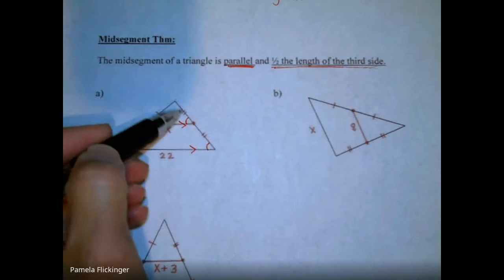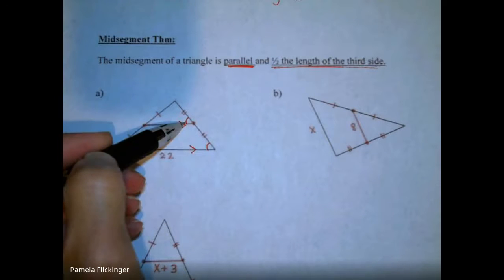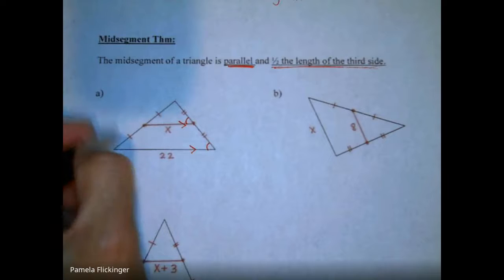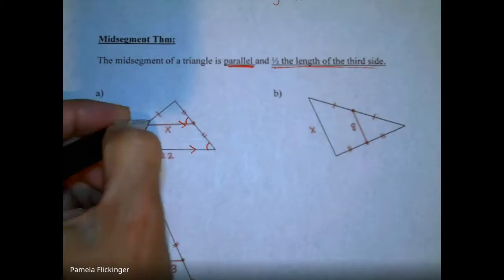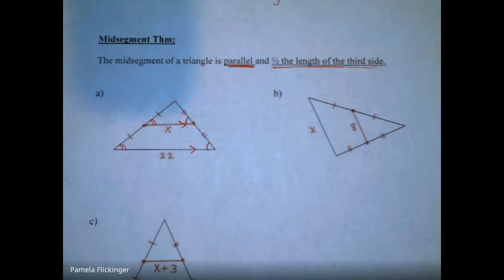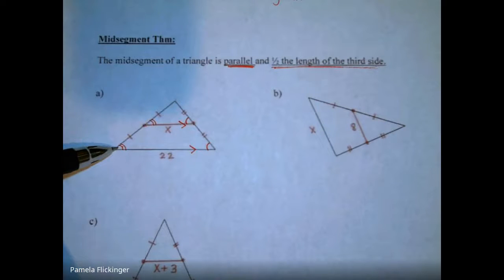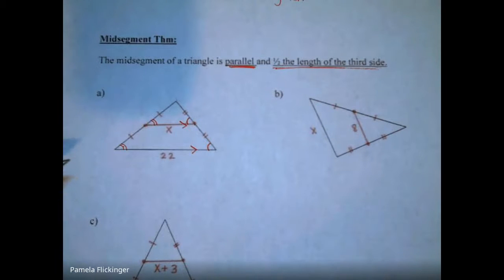I can treat this side coming down as a transversal, and those are corresponding angles. Same thing's going to happen on this side. These two angles over here will be congruent because those are also corresponding. Now, that doesn't have anything to do with solving for x in this problem, but I wanted to point out what the midsegment being parallel to the third side means for the angles inside the triangle.